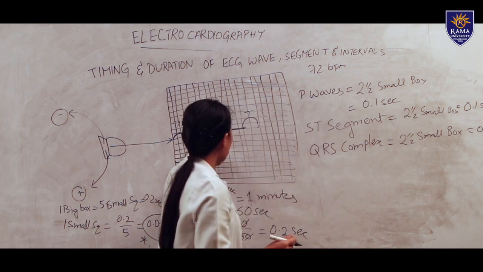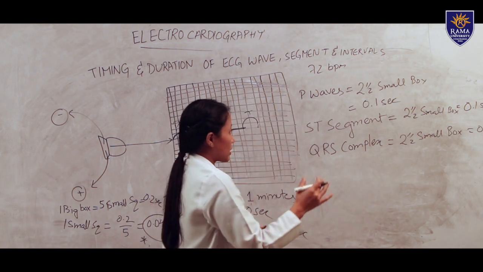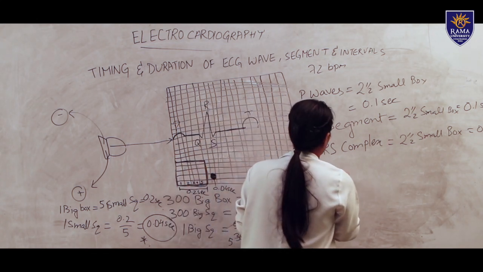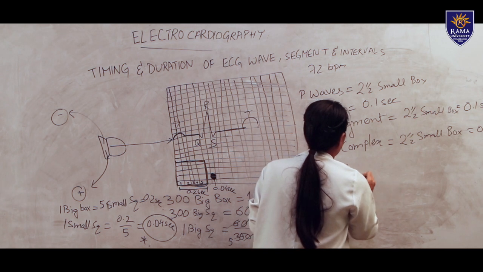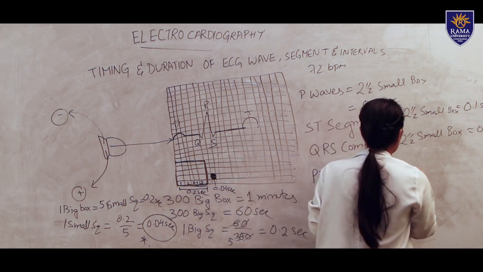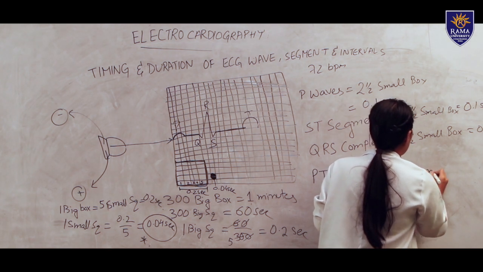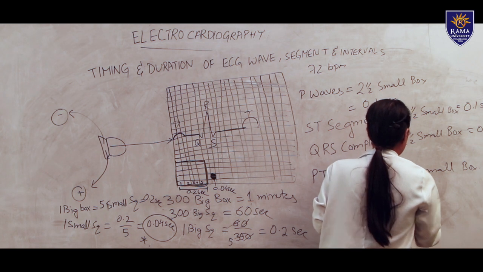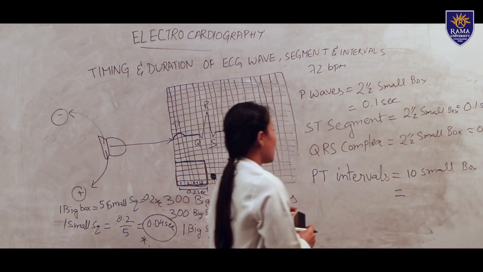so the duration of the whole events of the ventricles will take around 10 small boxes. That is the QT interval. The QT interval will take 10 small boxes.